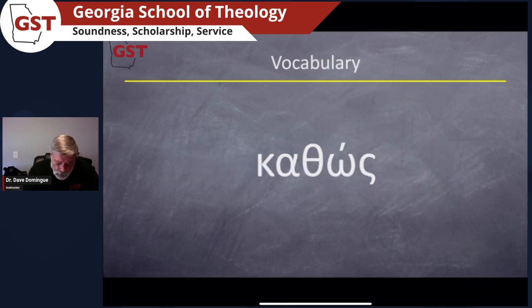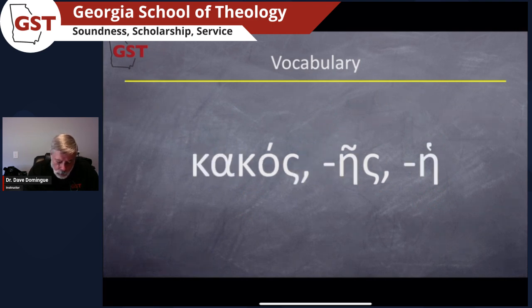Kathos, as, even, or as, or even as. Kako, or kakos, kakes, again, a feminine word. Know that automatically. Here's our kakos, our genitive form.